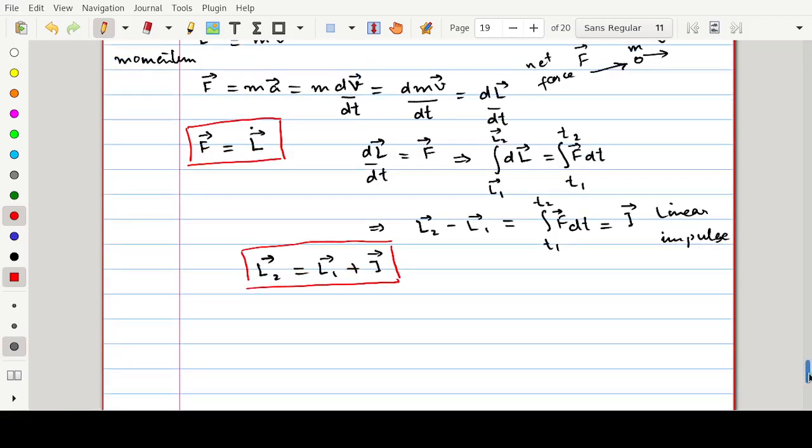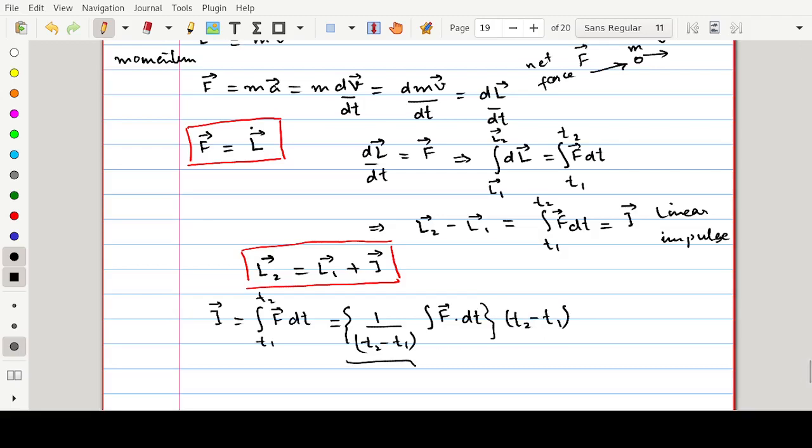We can also express impulse I like this. So I is equal to the integral of F dt from t1 to t2. If I multiply and divide this by t2 minus t1, so I am dividing this expression by t2 minus t1, and I also multiply it by the same quantity.